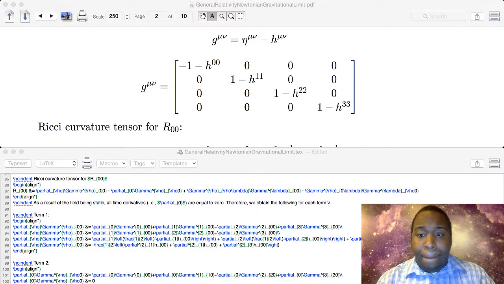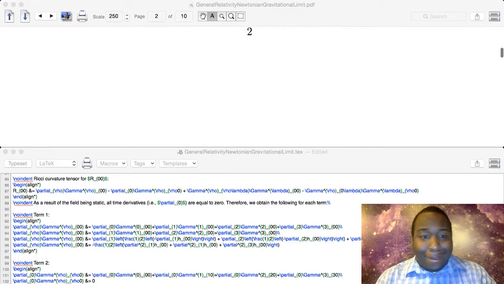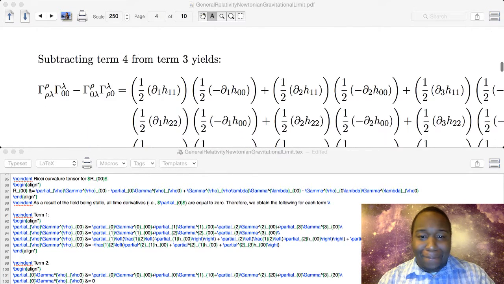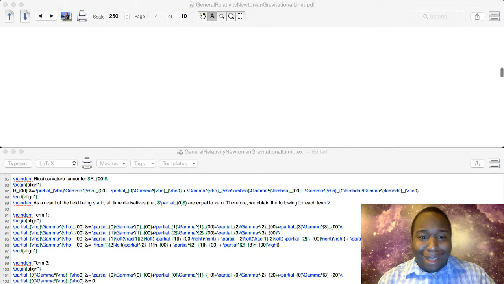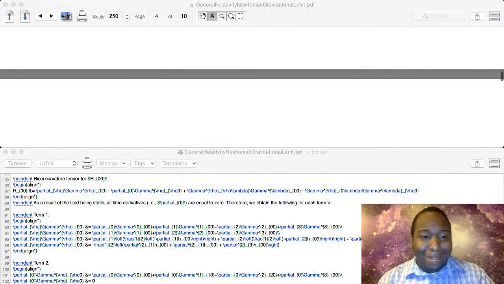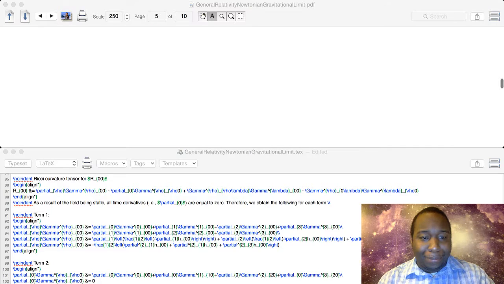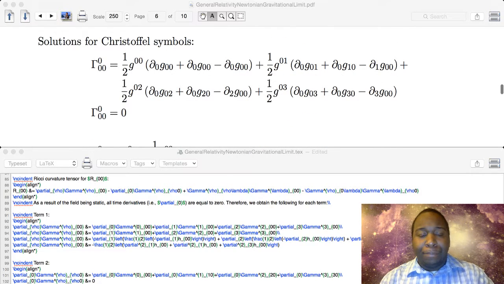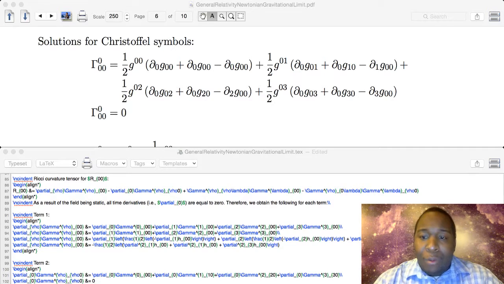All right. So going back down, oh God, this is a lot of scrolling. All right, here we go. So we're back. Basically, we can ignore the last 3 terms, the ones that have G superscript 01, G superscript 02, G superscript 03.